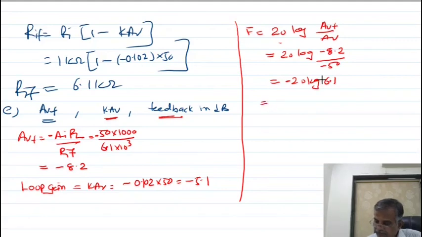If you do not know, let me do it like this: minus 20 log 50 upon 8.2, so minus 20 log 6.1. If you do the calculation, you will get minus 15.7 dB.